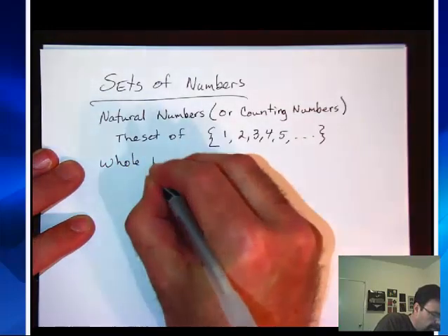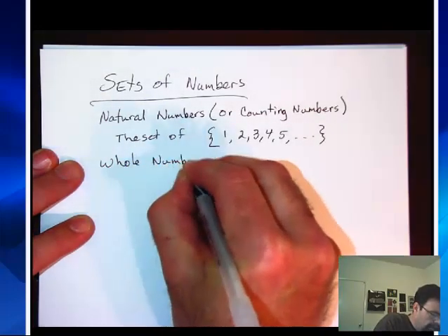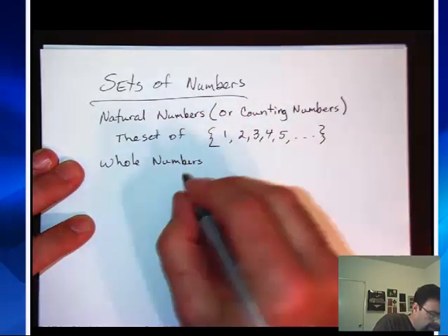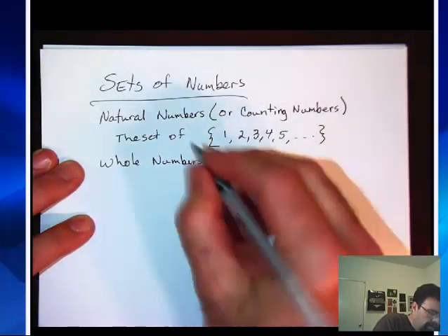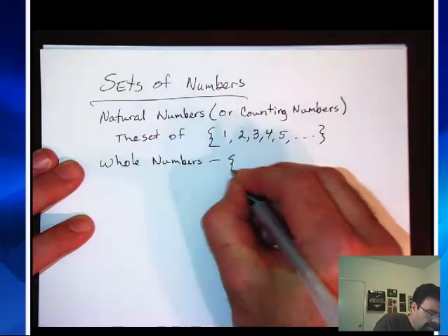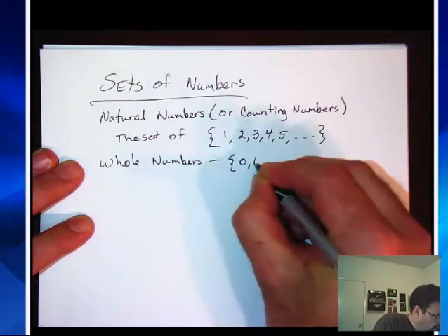The next set is whole numbers. And basically, the only thing that is different about natural numbers and whole numbers is the addition of 0.